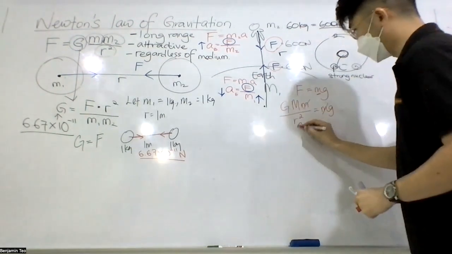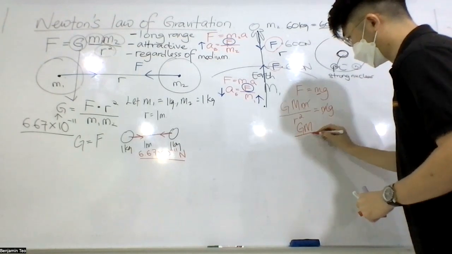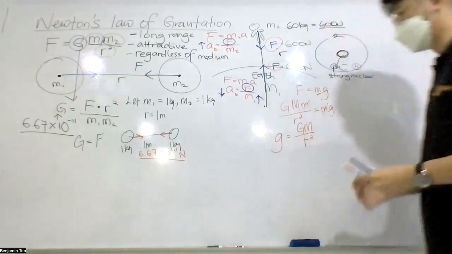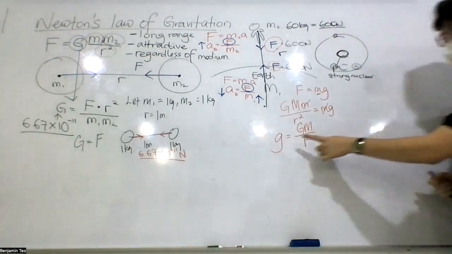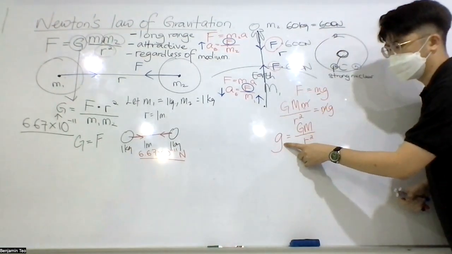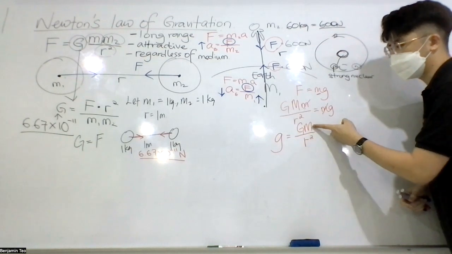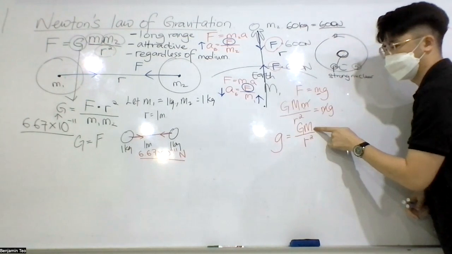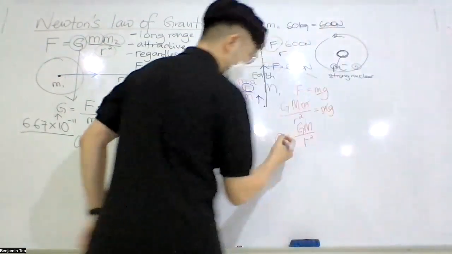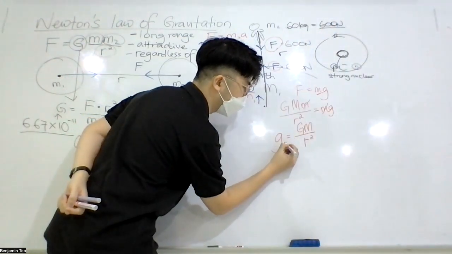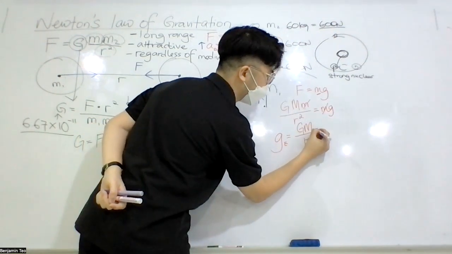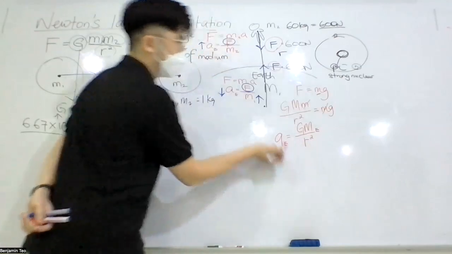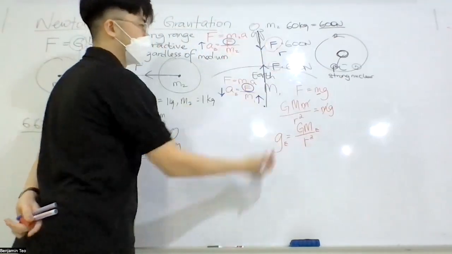I get GM over r squared equals g. The gravitational acceleration is the constant times whose mass? This is the Earth's mass. So I will write here, this is the gravitational field strength of the Earth. This is the mass of the Earth, and this r squared will be from the center of the Earth to here.